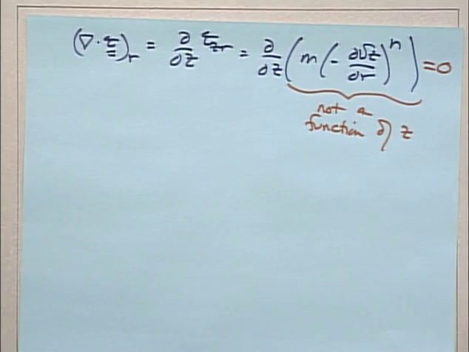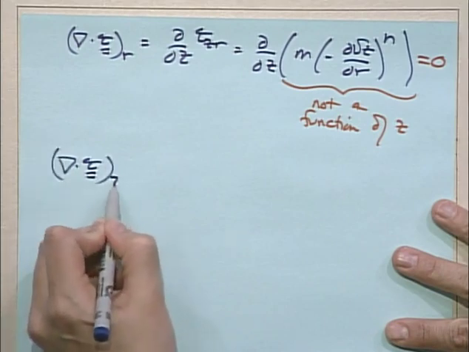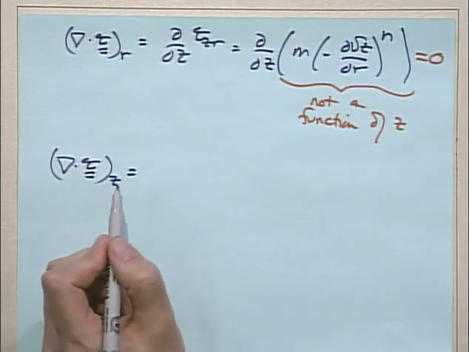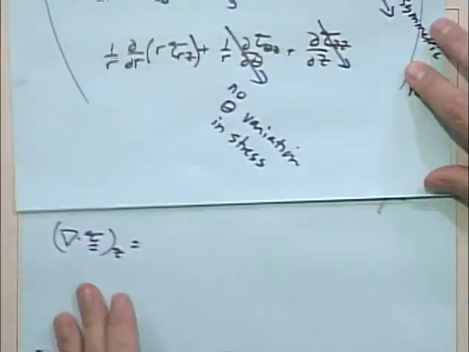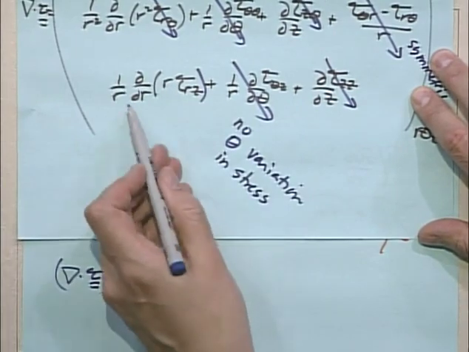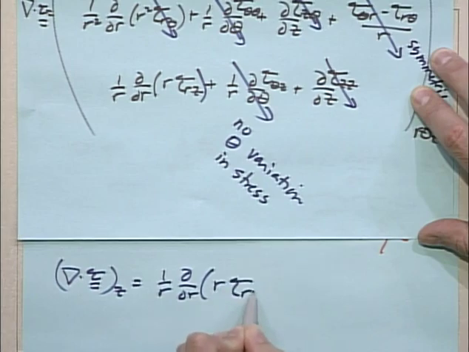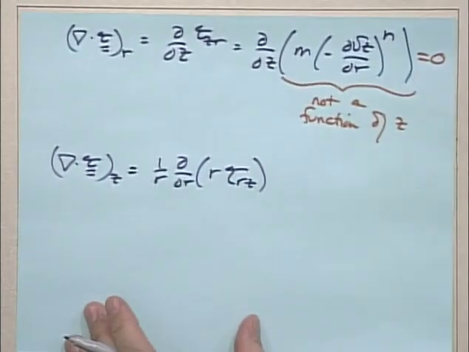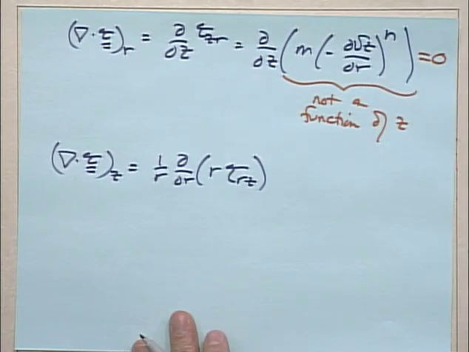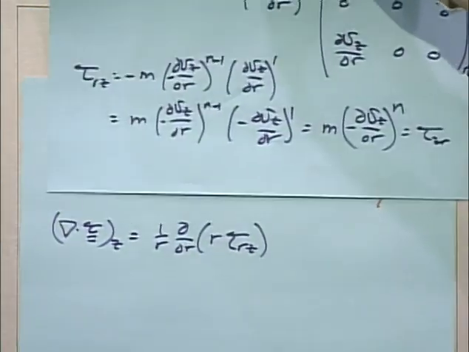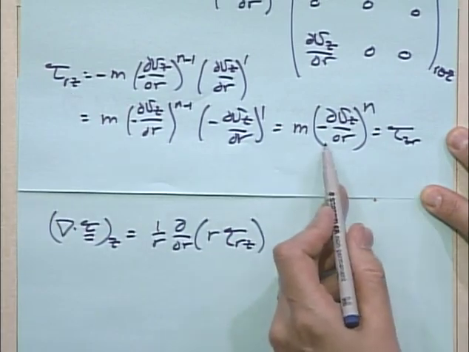Well, we can do that one the same way. Del dot tau z component, going back to our sheet here somewhere, is right there: 1 over r d by dr of r tau rz. We know what tau rz is. We just went through all this work to get it. There it is. Tau rz equals tau zr is this.